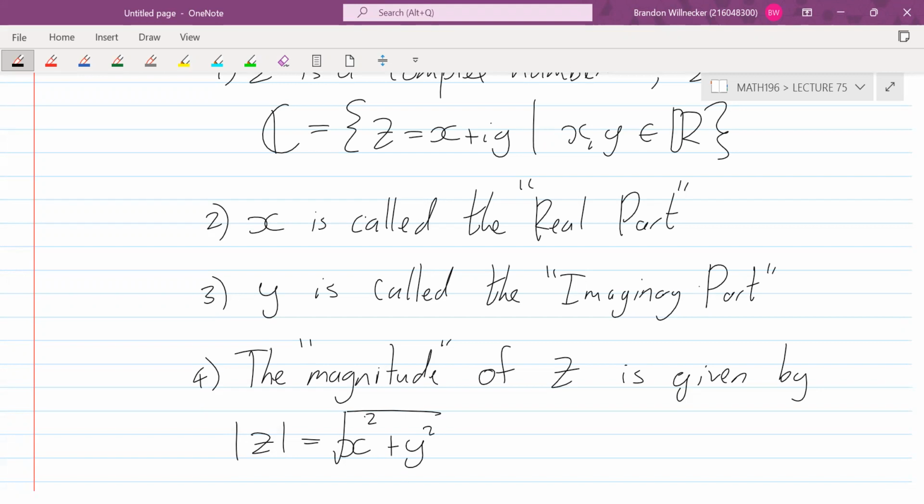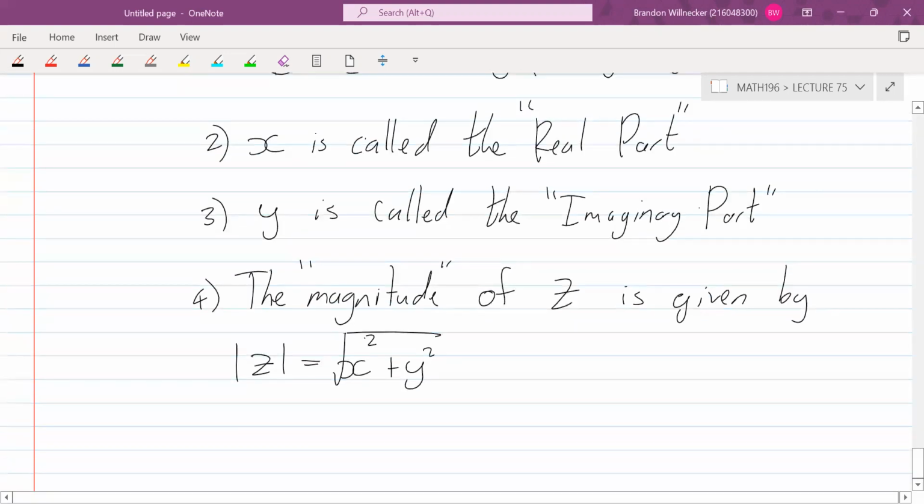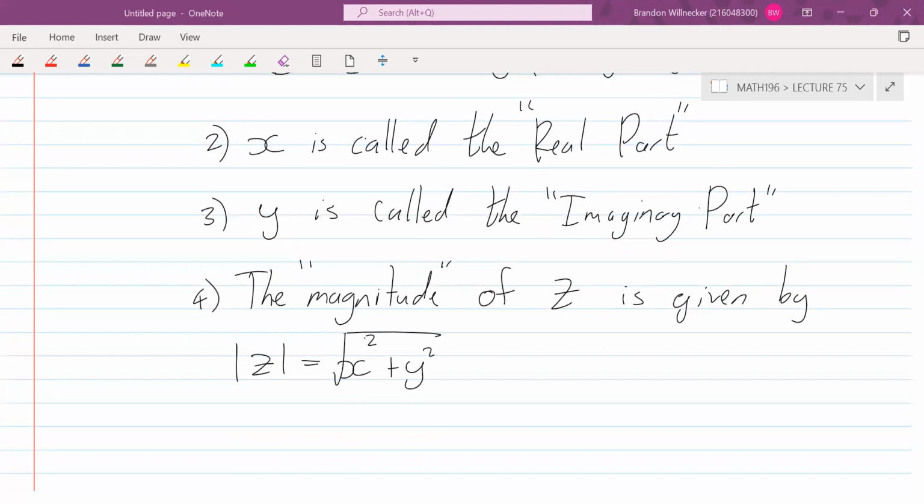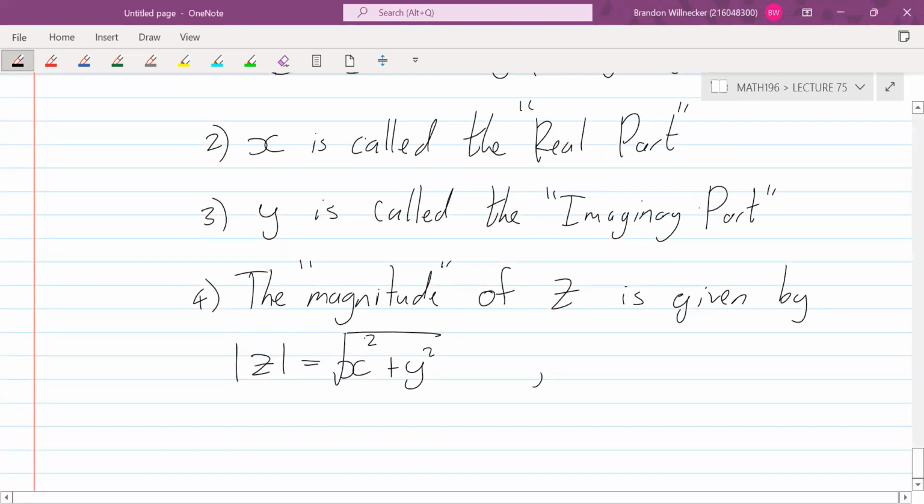So that's just a useful bit of terminology. When we refer to the magnitude of a complex number, we're referring to this real number here. In fact, we can calculate this magnitude of z with x and y, and we can also calculate it without referring to x and y.